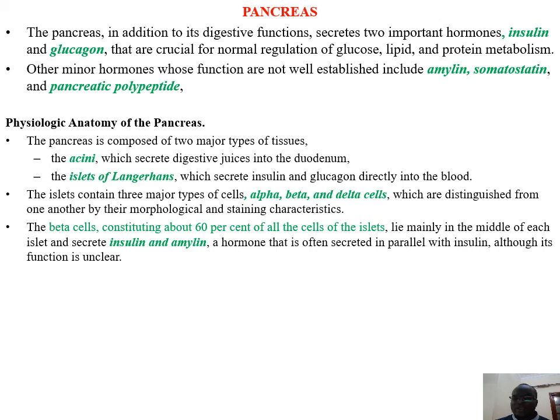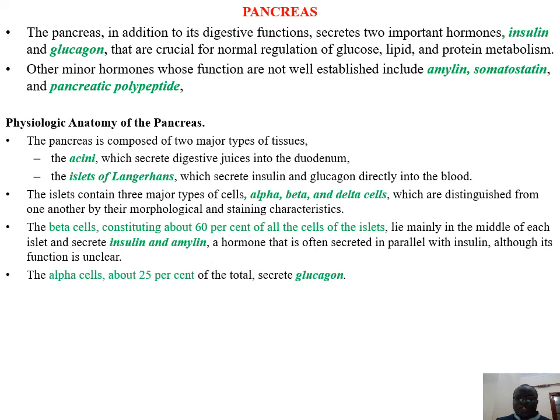They lie mainly in the middle of each islet and secrete insulin and amylin. Amylin is a hormone that is often secreted in parallel with insulin, although its function is unknown. To some extent, it inhibits the secretion of insulin.